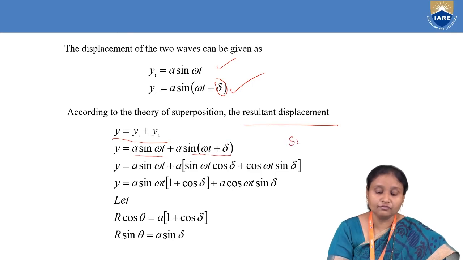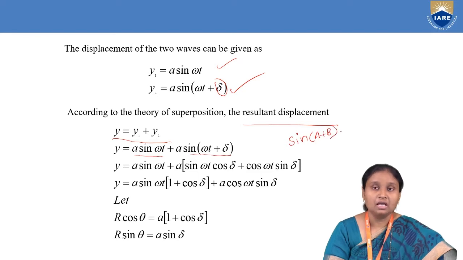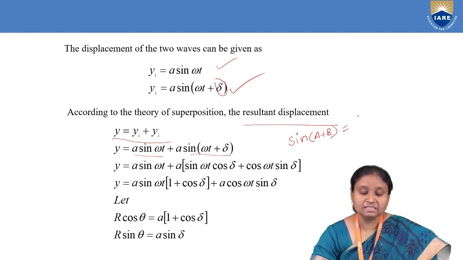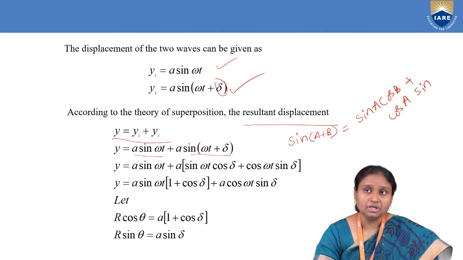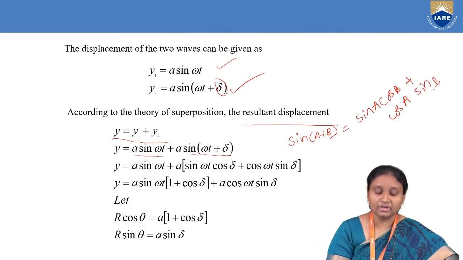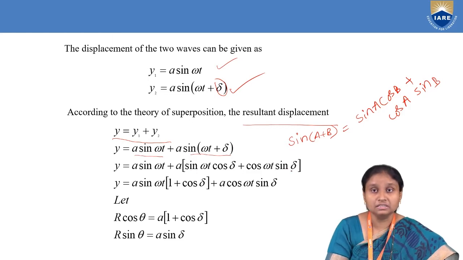Here it is in the form of sin(A plus B), a trigonometric relation, and according to this, sin(A plus B) is written as sin A cos B plus cos A sin B. So if I expand it in a similar way, sin(omega t plus delta) can be written as sin omega t cos delta plus cos omega t sin delta.